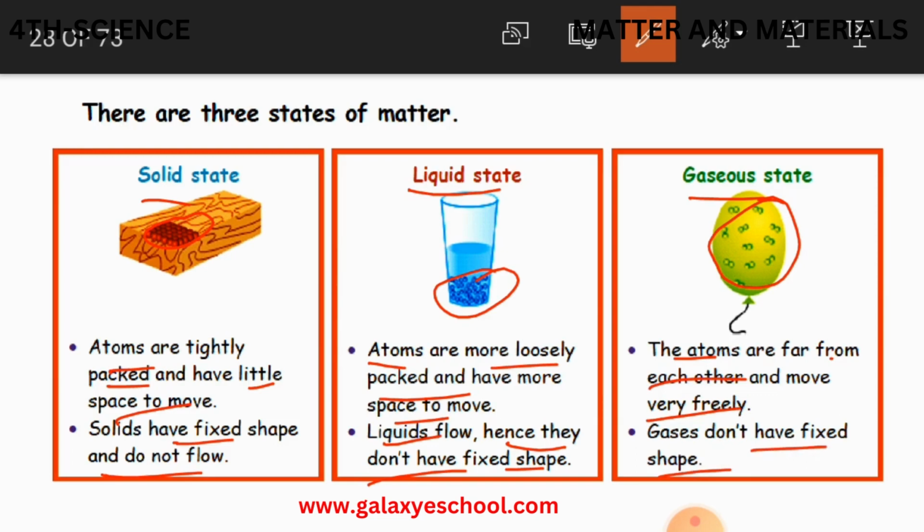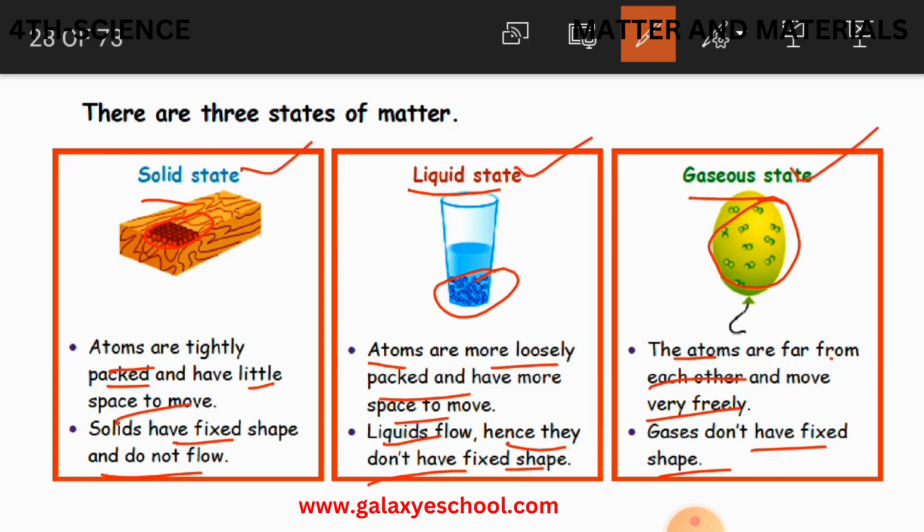If you blow air into a balloon, it takes the shape of the balloon. If you pump air into a cycle tire, it takes the shape of the tire. Gas is nothing but air, and it also does not have a fixed shape. So what are the states of matter? Three states: solid, liquid and gaseous.